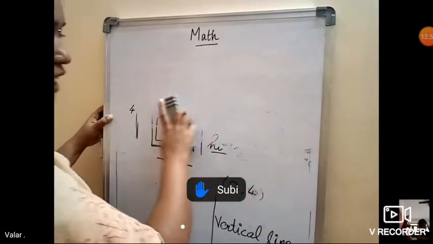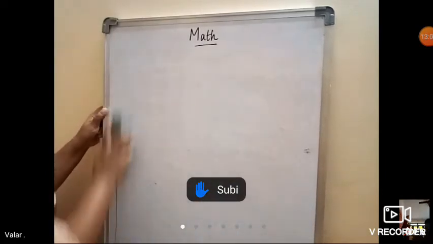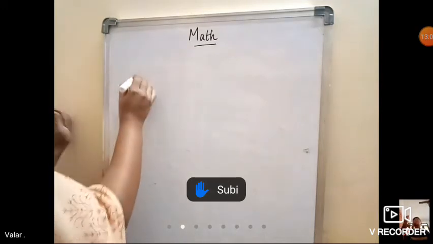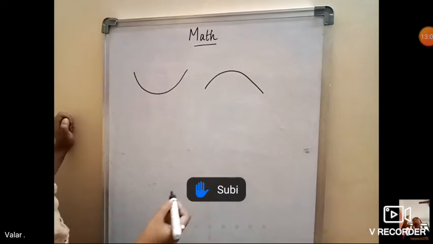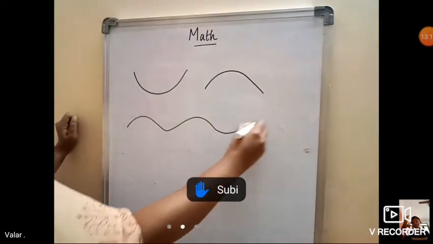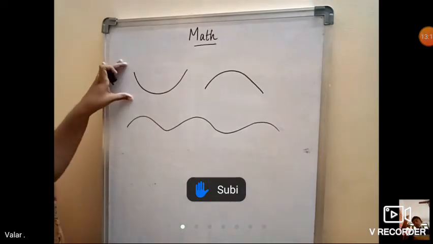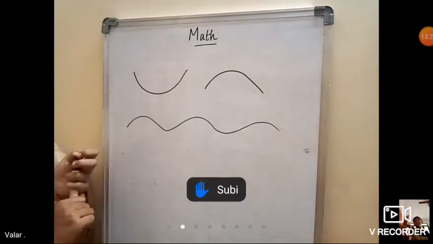So now we are learning a few different types of lines. From first I will tell you now. The line is like this or like this. These all have a curve, so these are all called curved line.